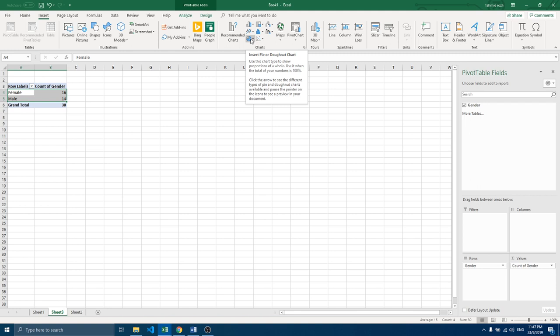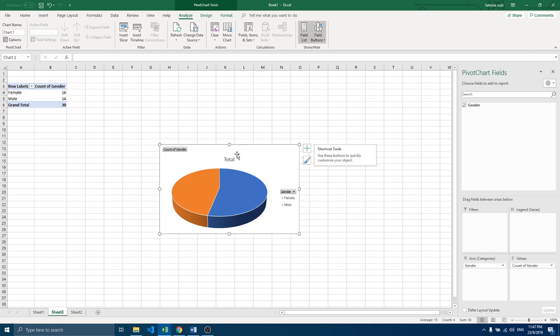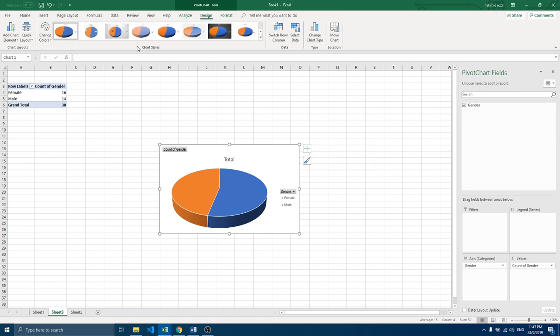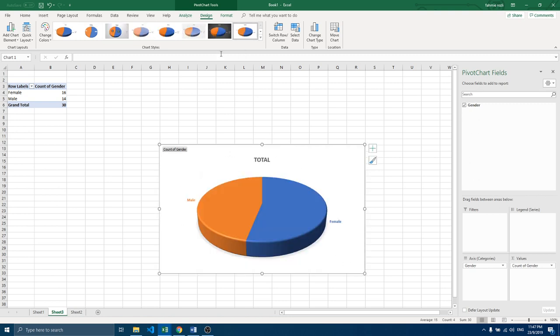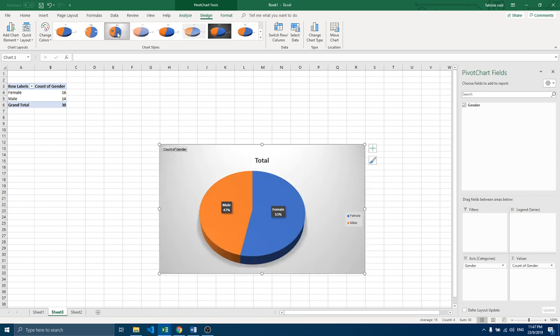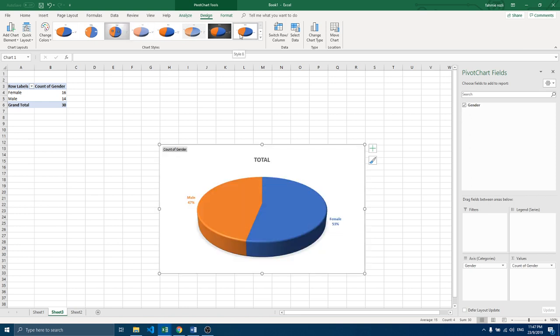I'm using, maybe I choose pie chart, 3D pie chart. Okay, so blue and orange color, so you just go to design. Maybe you can choose anything, maybe this option, this.